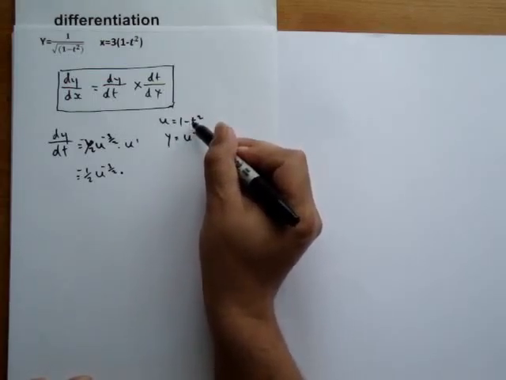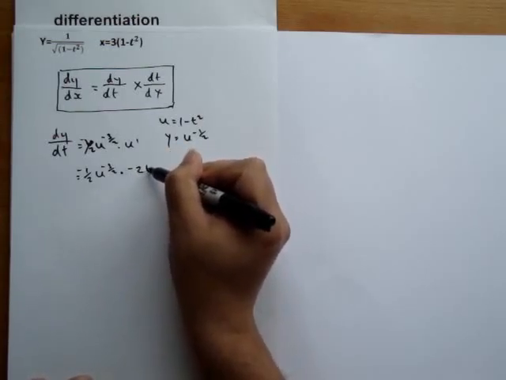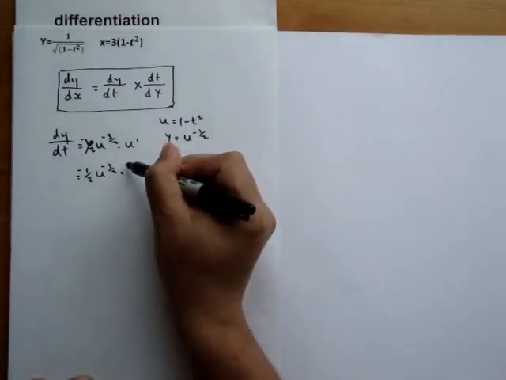Bring the 2 down, that's minus 2, and then the t. Minus 2t. Put that in brackets so we don't get confused.